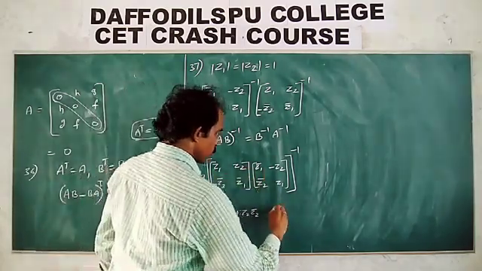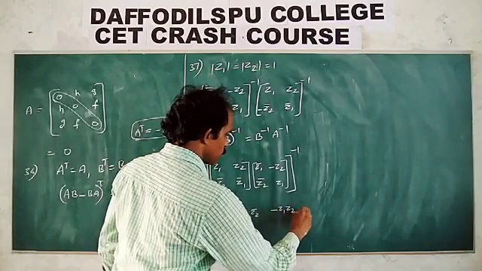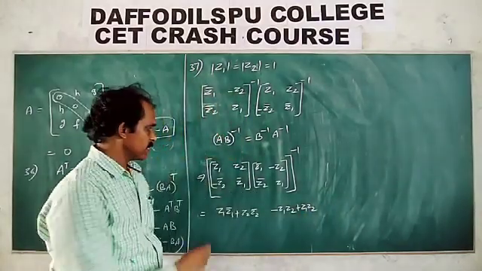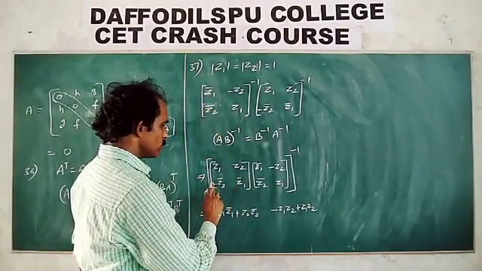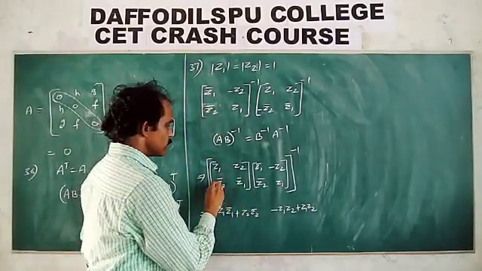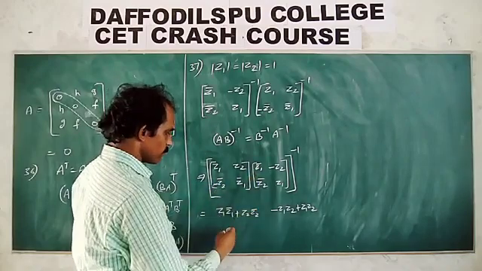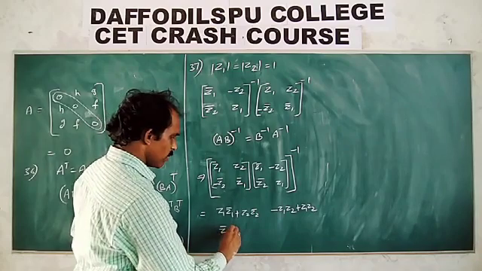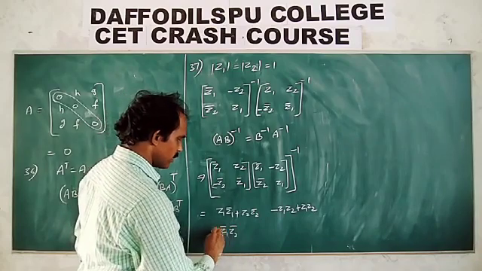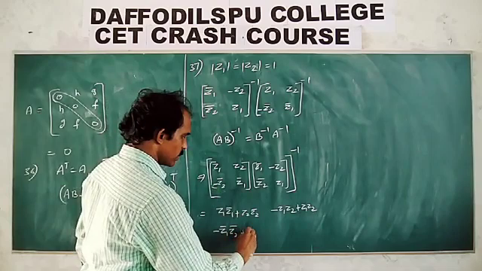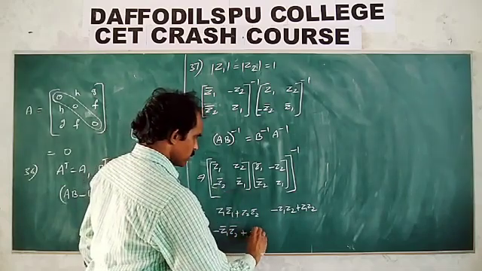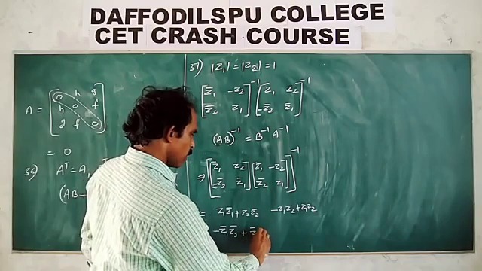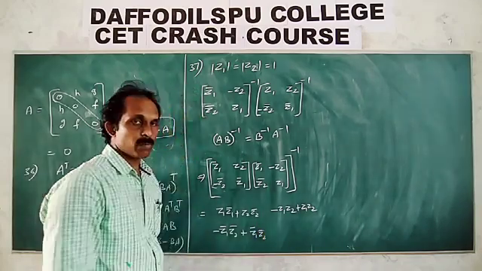First row, second column: minus Z1 into Z2 plus Z1 into Z2. Second row, first column: Z1 bar into Z2 bar, minus of, here minus is there, plus Z1 bar Z2 bar, complete.